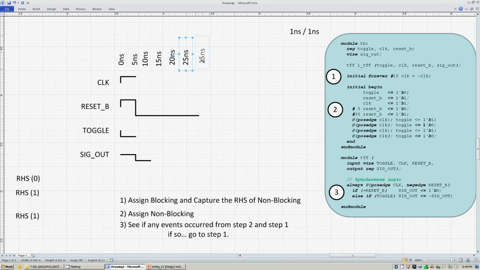Okay. And so we get the point that basically at 25 nanoseconds, or sorry, at 30 nanoseconds, we are going to evaluate this. Well, we can actually ignore this right now because we're now stuck at 10 nanoseconds, right? We finished this, and remember, the next event scheduled to occur is actually at 10 nanoseconds.